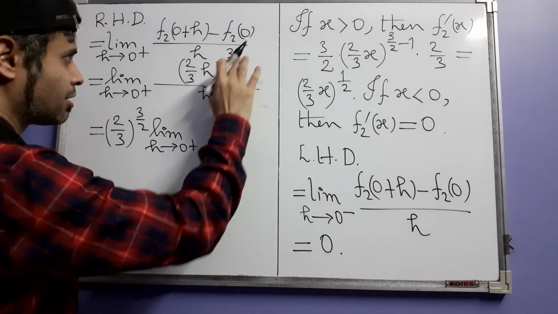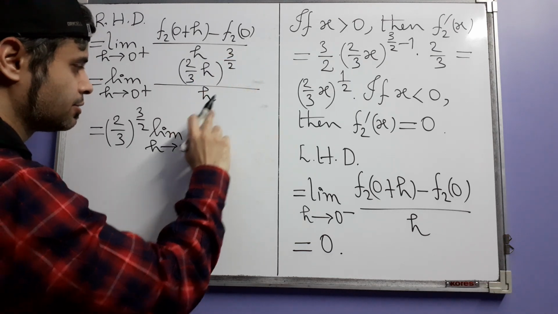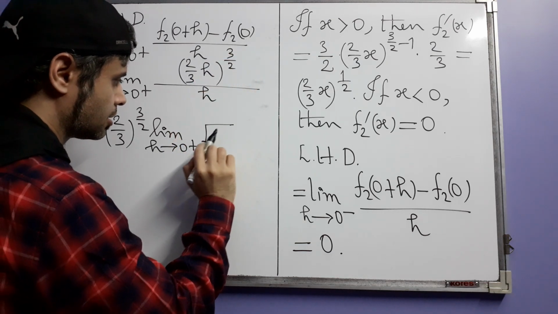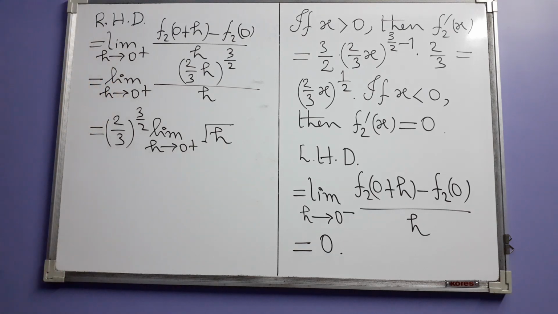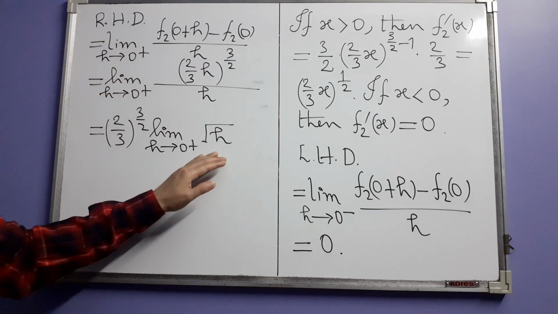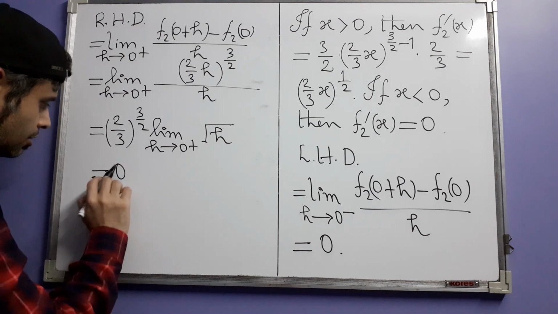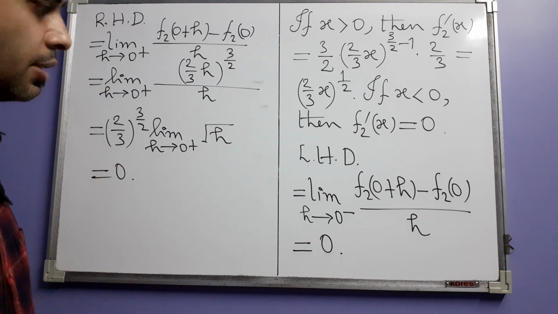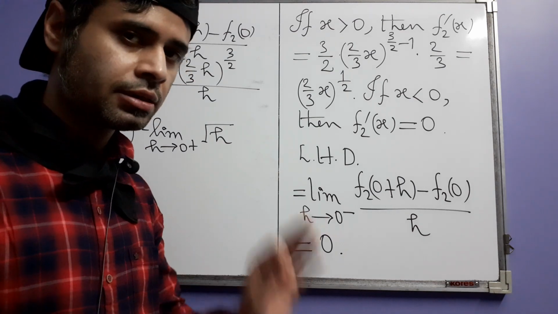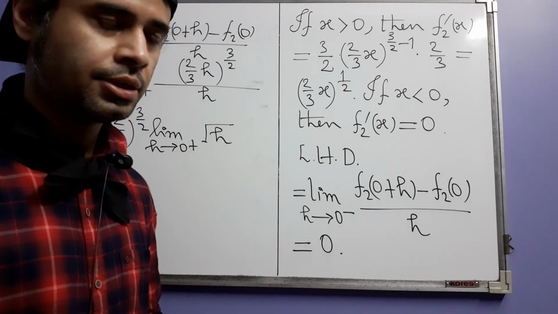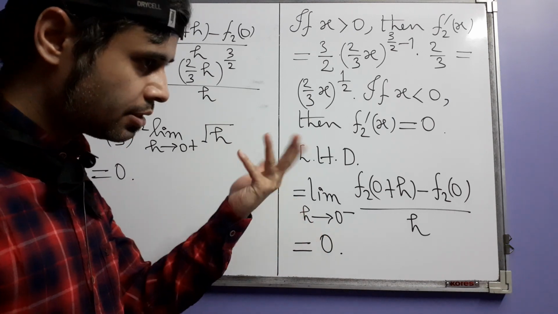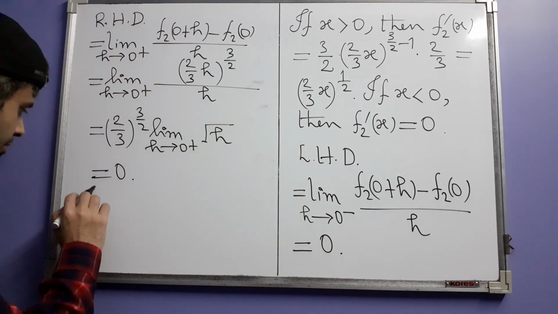And h to the power 3 over 2 minus 1 means h to the power 1 over 2, which is just square root of h. And this limit you already know is 0. So this is equal to 0. So yes, the function is in fact differentiable at 0 also, and the derivative at 0 is equal to 0.